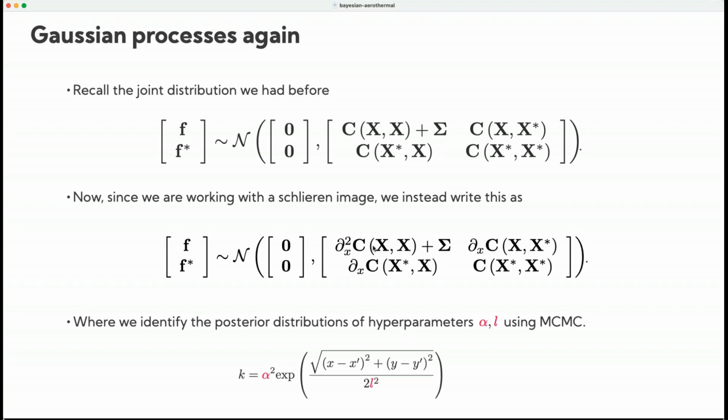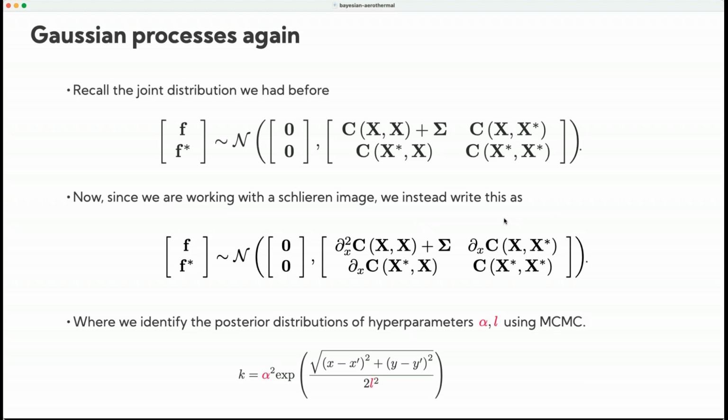Now the caveat, of course, is that when you define this operator, you're effectively taking the derivative of this kernel function, the same one we had before, along the x direction at each entry or each index of these matrices. So that's the simple trick. And this isn't necessarily new.